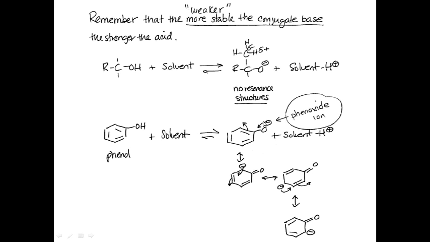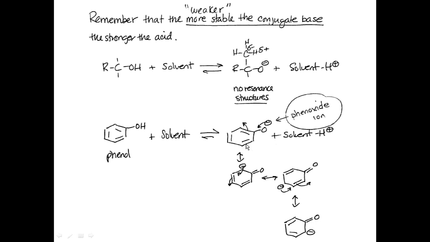And that phenoxide ion has 3 more resonance structures that you can draw. You could take this pair of electrons, move here, and then take this pair of electrons and have the minus charge on that carbon. And then move this pair of electrons here and move that pair of electrons out to form this C minus. And have this pair of electrons move here to form that C minus.